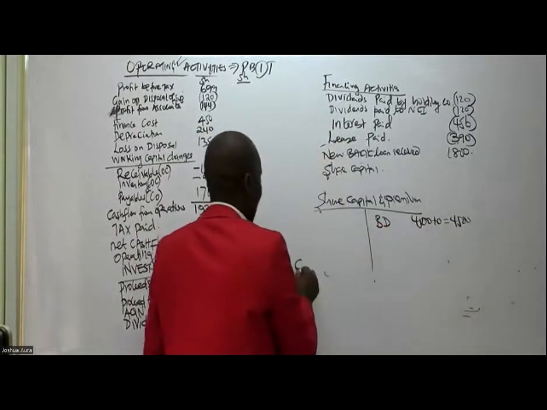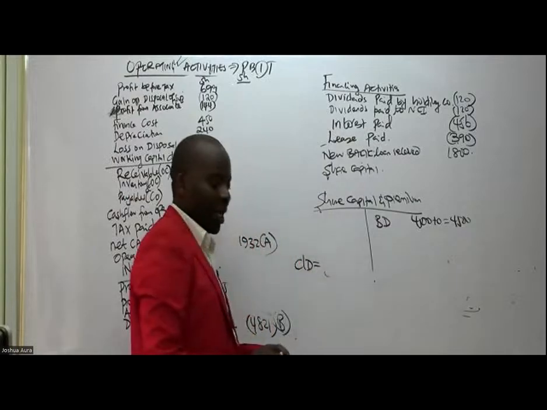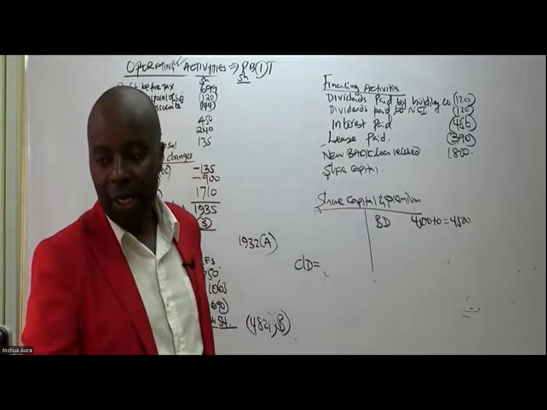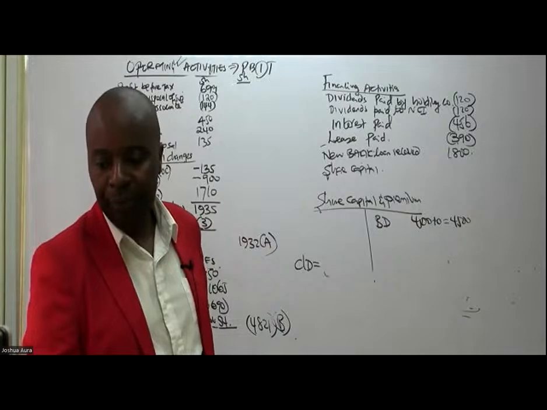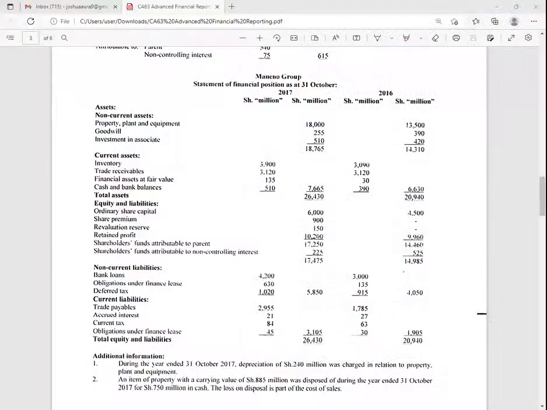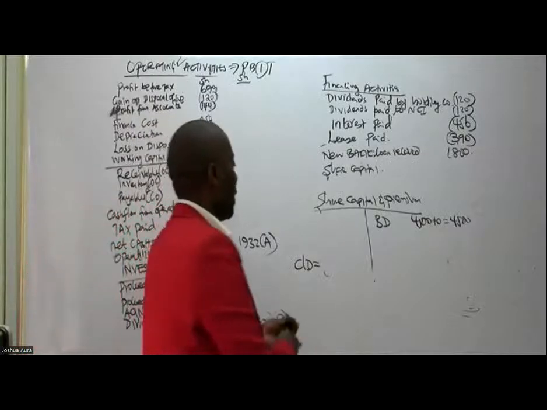And then we have a carry down. For carry down, I'm combining share premium and the capital: 6,000 plus 900, so this is 6,900.